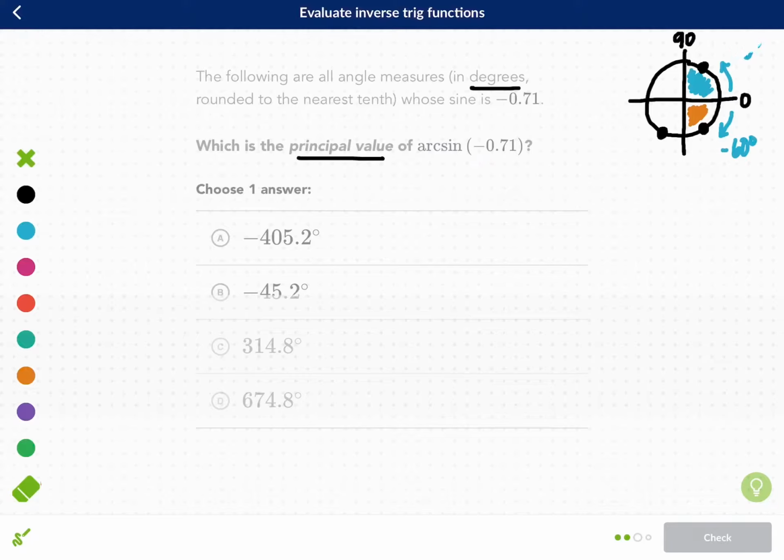I'm going to go ahead and type this into my calculator. Arc sine is the same thing as inverse sine, so your calculator function looks like this. I use Desmos' scientific calculator because it's really easy to switch between degrees and radians. So I'm going to hit the inverse sine button and put in negative 0.71, and make sure I'm in degree mode.